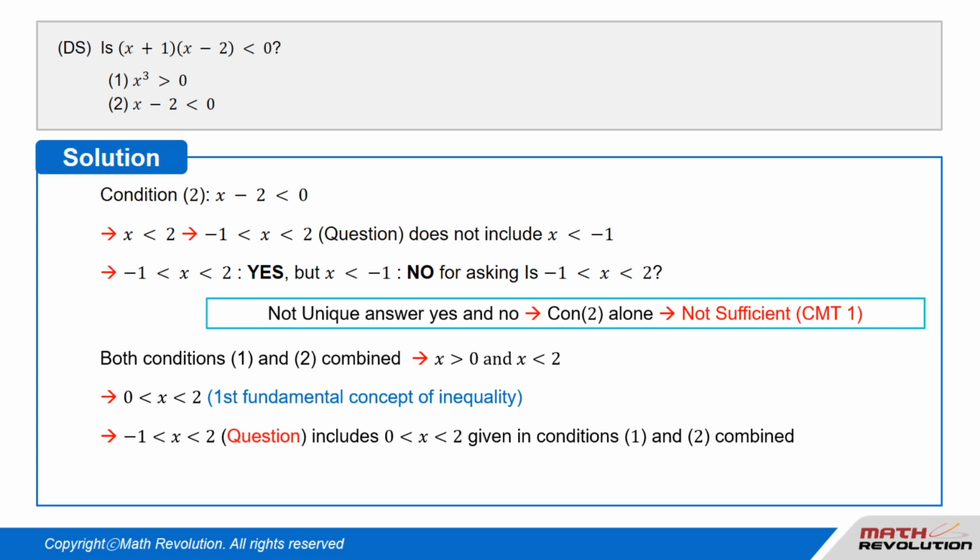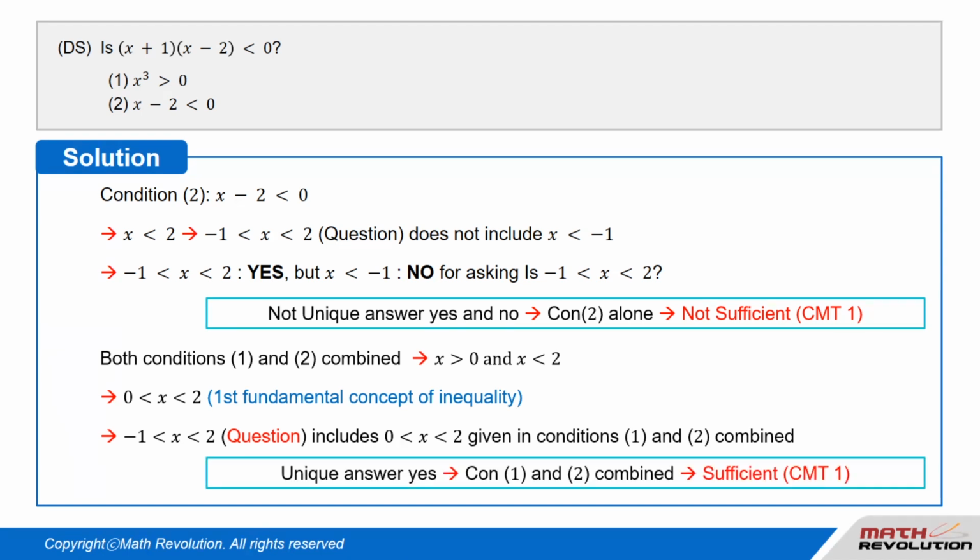Thus, the range -1 is smaller than x, which is smaller than 2, includes the range 0 is smaller than x, which is smaller than 2, that resulted from combining condition 1 and condition 2 together. Therefore, both conditions together are sufficient, and C is the correct answer.